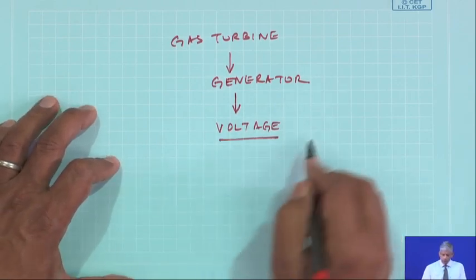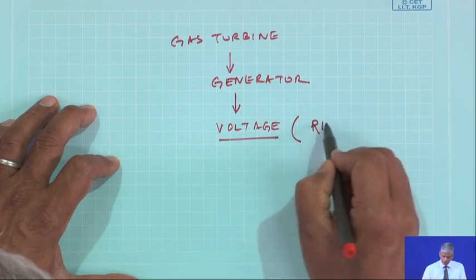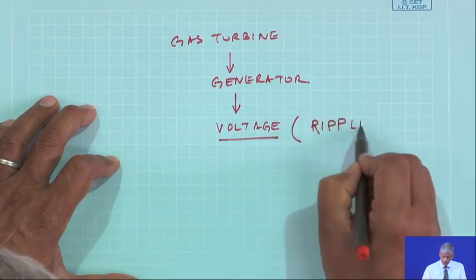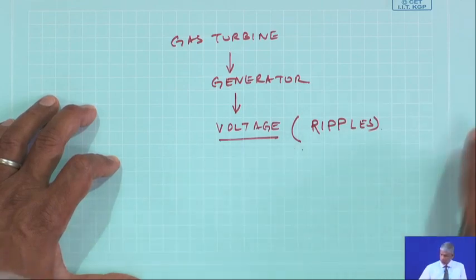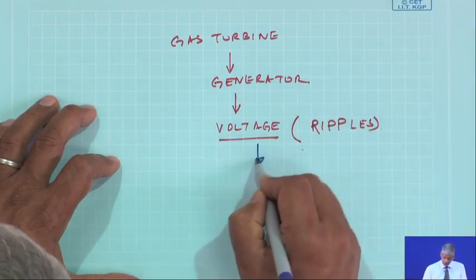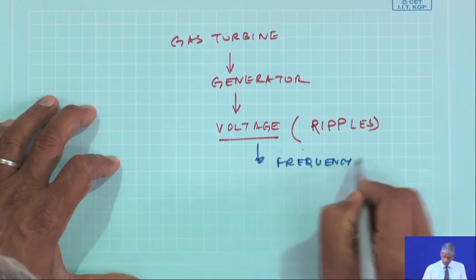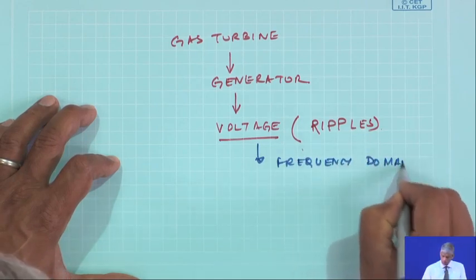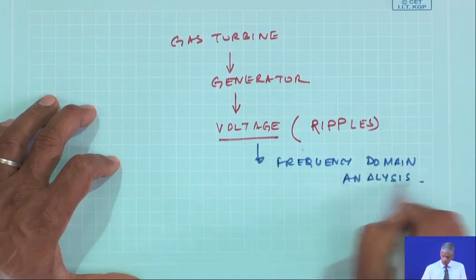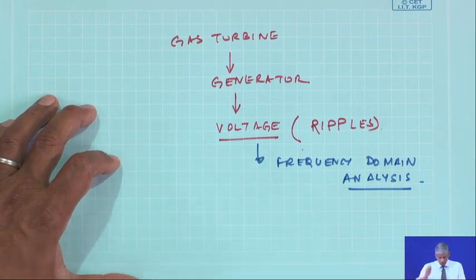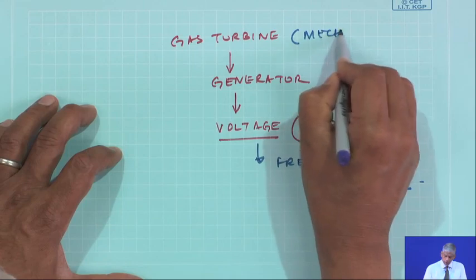So, in fact, if you look at the ripples or do a frequency domain analysis, you can find out the mechanical defect in such gas turbines.